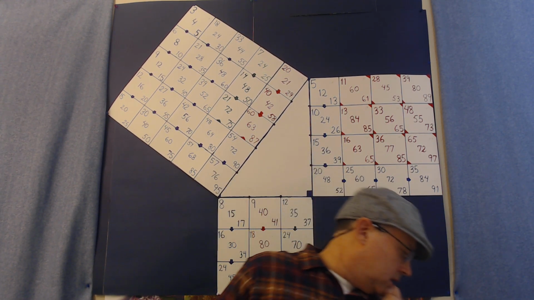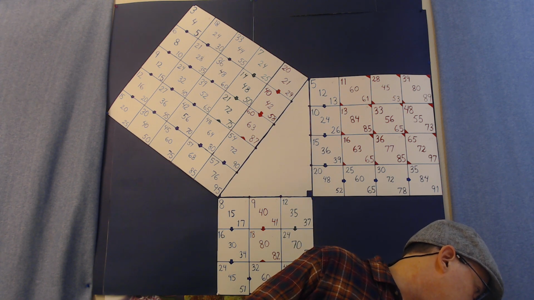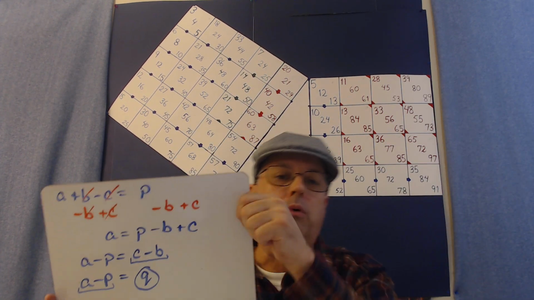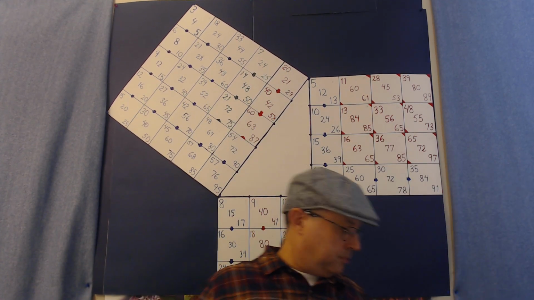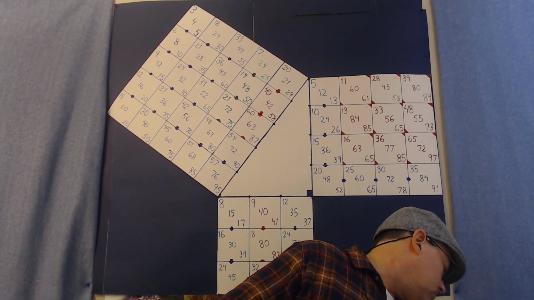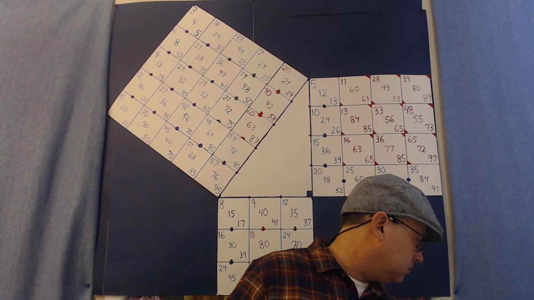And then 2, and the way that we found Q was A minus P. Okay, so let's put that in there. A minus P, right? Okay. A minus P was Q.